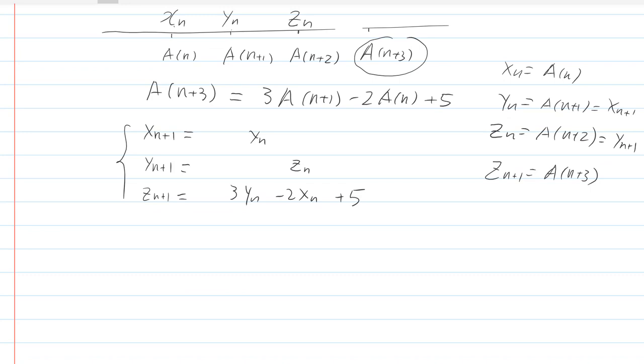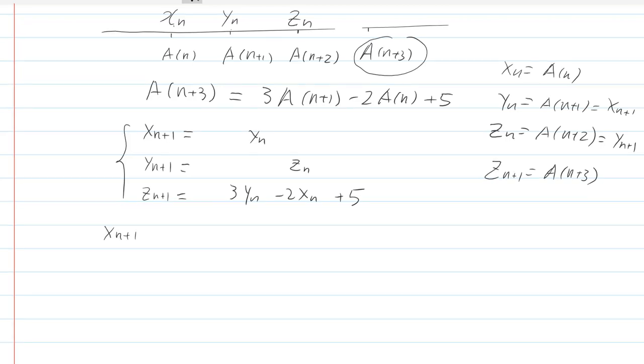And if you look at it, now we are nearly in the form of a map, because on the right hand side everything is about n, and on the left hand side everything is about n plus 1. So in the matrix form we have x_{n+1}, y_{n+1}, and z_{n+1}, right? And just carefully extract the coefficients, and then this is going to be 0, 1, 0.